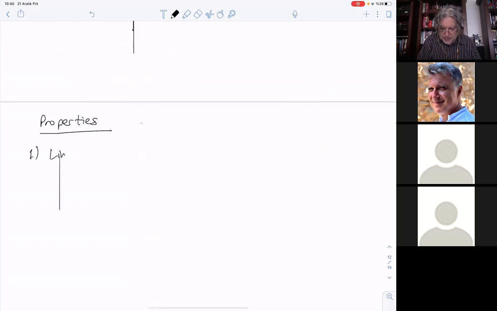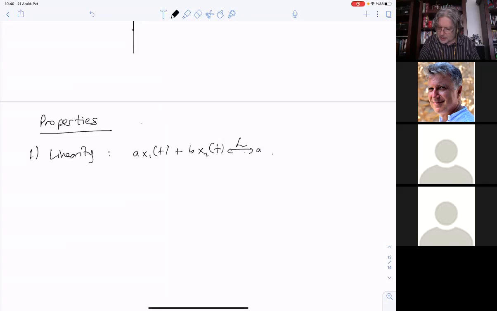The first is linearity, of course. And that's simple. a times x1 of t plus b times x2 of t will make a Laplace transform that is equal to a times X1 of s plus b times X2 of s.